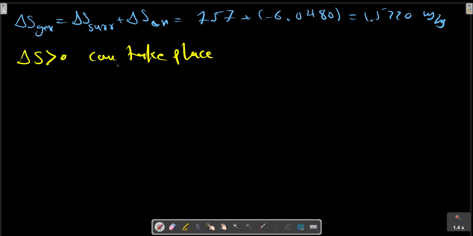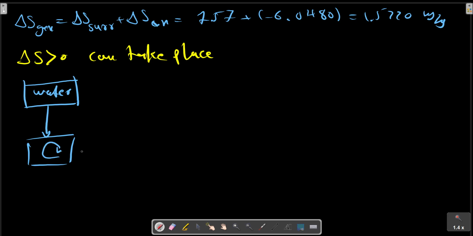It is interesting to note how this heat transfer from the water to surrounding may have taken place reversibly. Suppose that an engine operated at the Carnot cycle received heat from the water and rejected heat to the surrounding, as in this picture: water, W, a Carnot cycle.